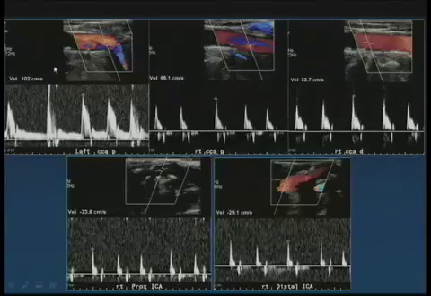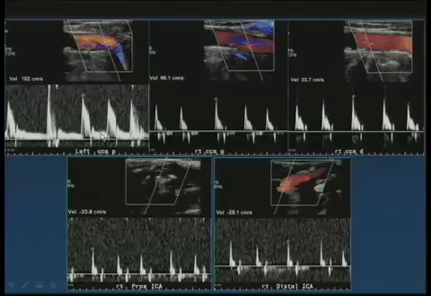Another example, this looks completely normal on the left, normal diastolic waveform in the left common, but you can see no diastolic flow in the right, and you can see that this gets worse as you go towards the head. Velocity decreases in the internal, no diastolic flow, in fact, markedly reversed early diastolic flow.